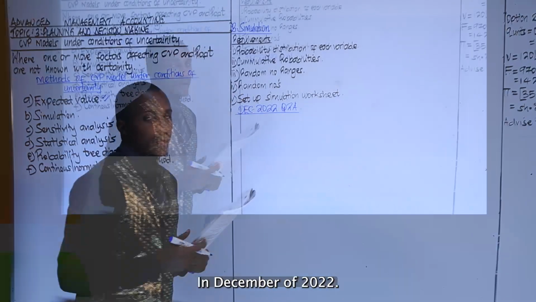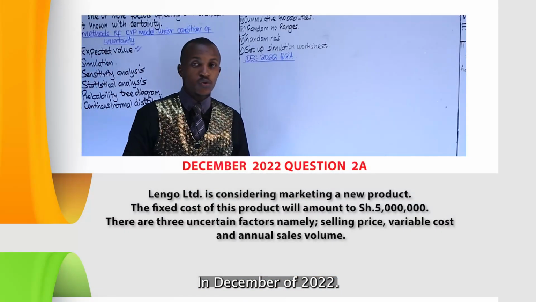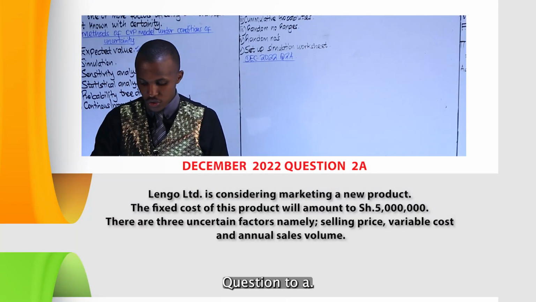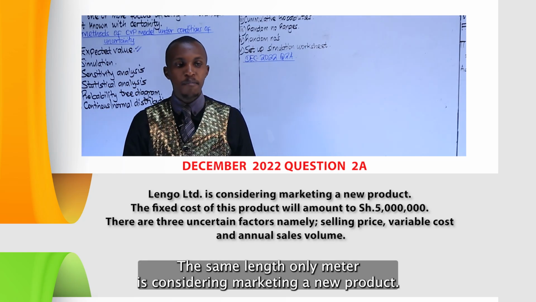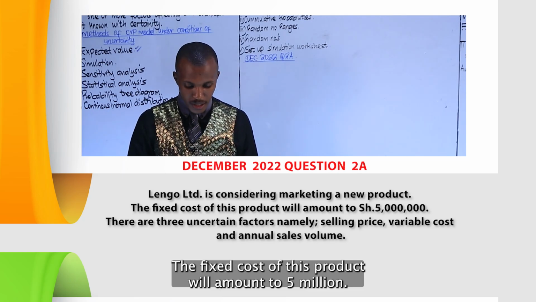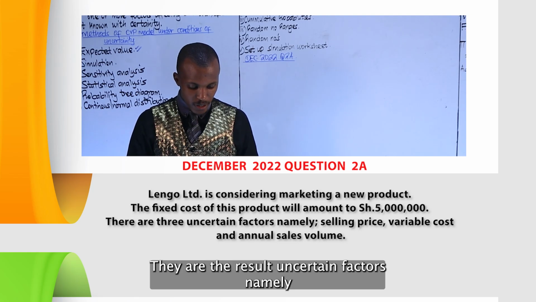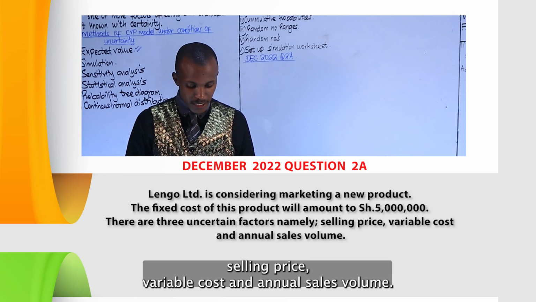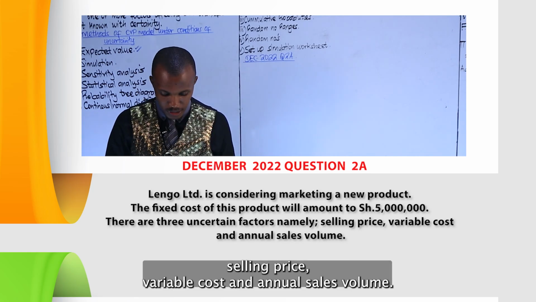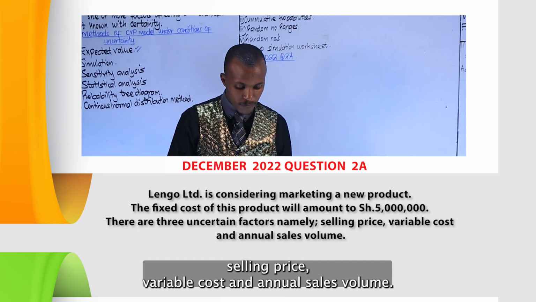Question 2A, December of 2022. They are saying, Lengo Limited is considering marketing a new product. The fixed cost of this product will amount to 5 million. There are 3 uncertain factors, namely selling price, variable cost, and annual sales volume.